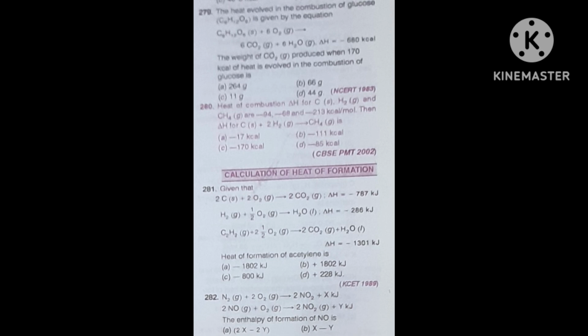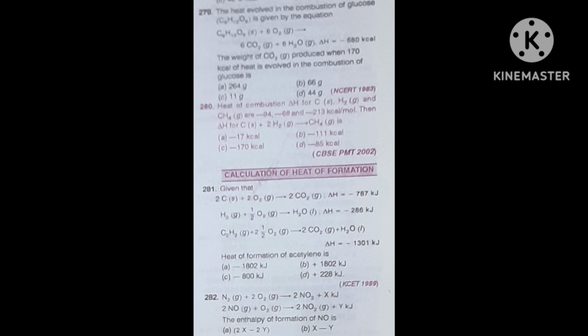Then first and second reaction you add, and third reaction you minus it. Third reaction you minus it, means you reverse it, because you want CH4. That's why third reaction you have to reverse it. Correct? Then first plus second minus third, and put all three values.